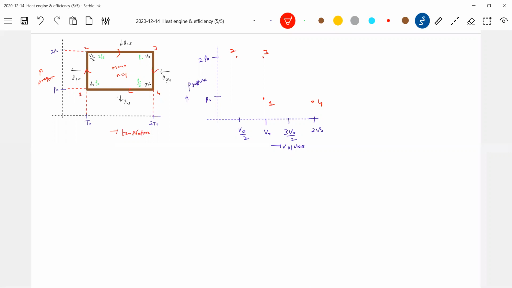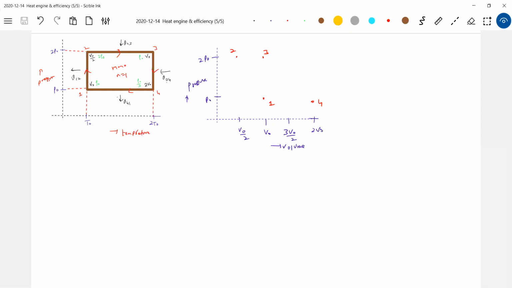Okay, let's now join the curve. Okay, straight line I'll bring. Again, we are escaping from thinking. Before joining the points, come back and look at this again. What is 1 to 2? Isothermal compression. In the PV graph, it is a rectangular hyperbola.